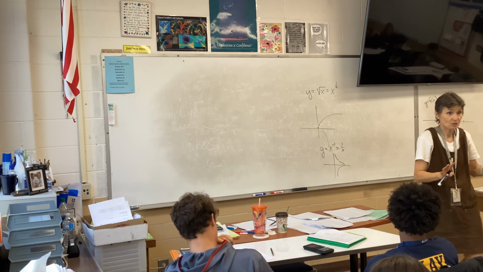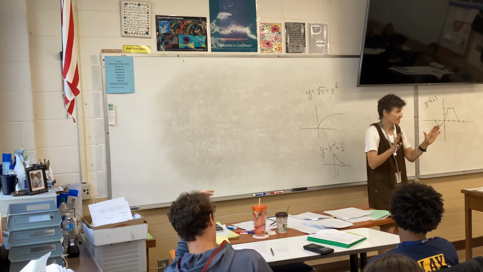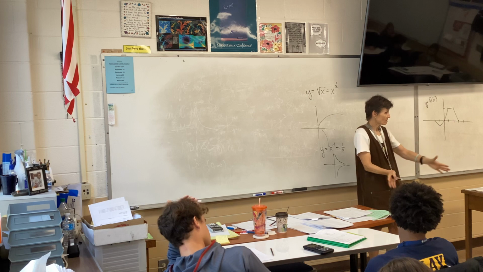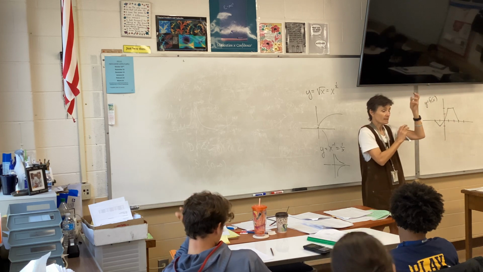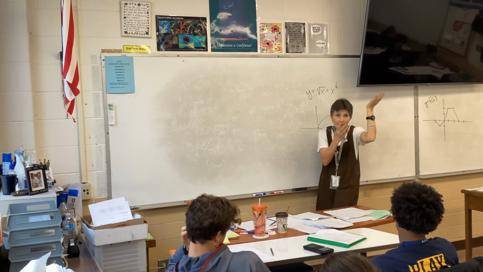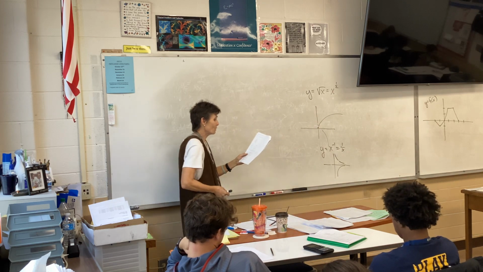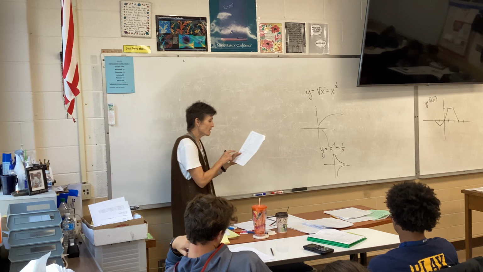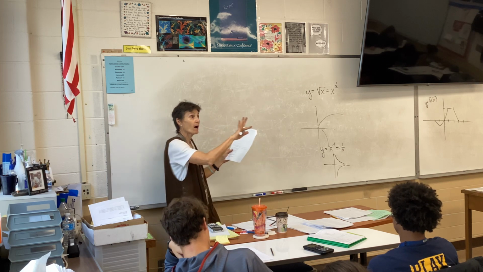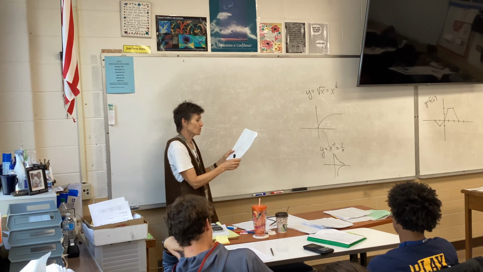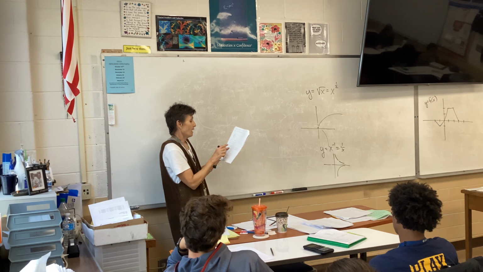That's inverse variation. Direct means we're moving the same way. Inverse means one's going up and the other one's going down. So we have general formulas for direct, inverse, and a combination of the two, which is called joint.